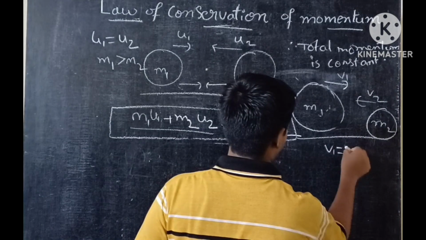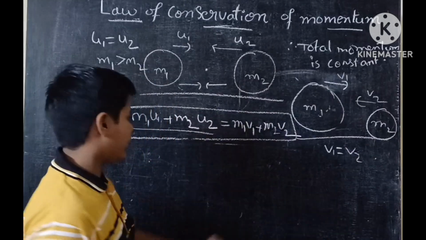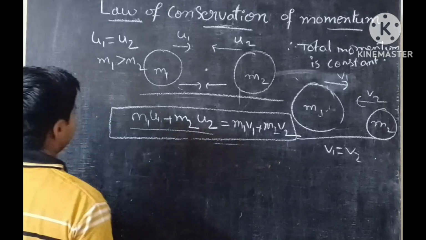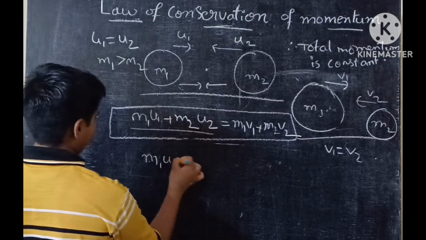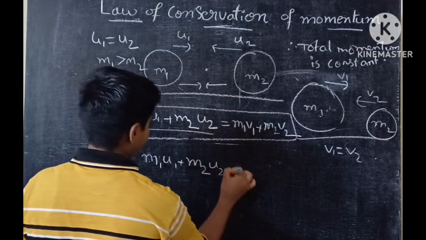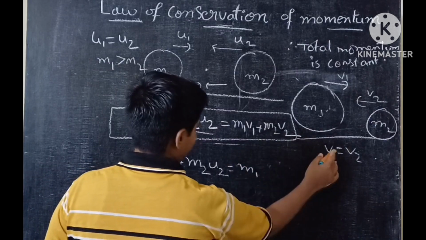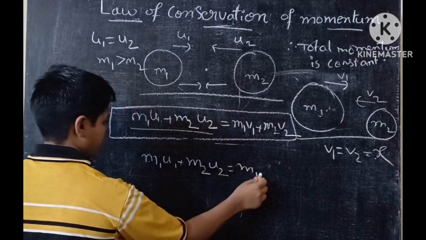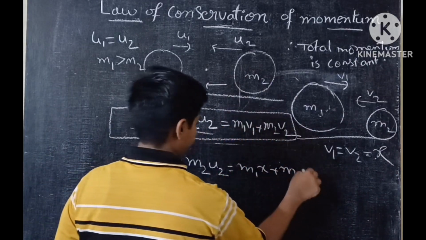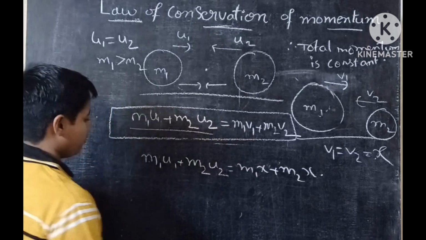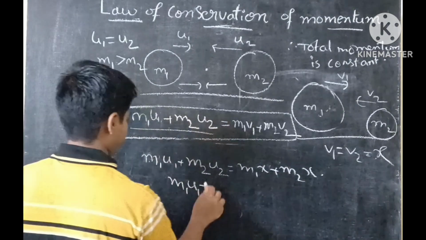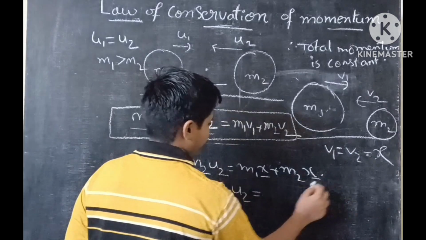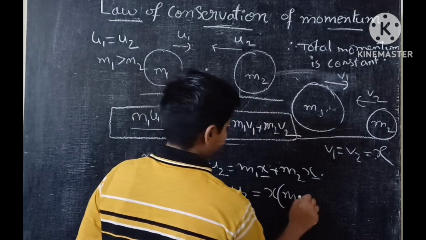So if I take v1 equal to v2, this is one of the cases, if these bodies are not at rest. Okay, so m1 u1 plus m2 u2 is equal to m1 and m2, here the both velocities are equal, so I am taking x. So m1 x plus m2 x. Here m1 u1 plus m2 u2 is equal to, if I take this term as common, x into m1 plus m2.